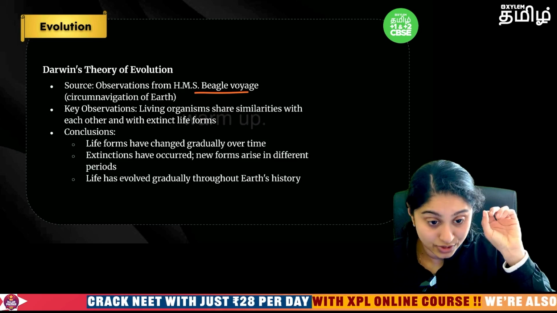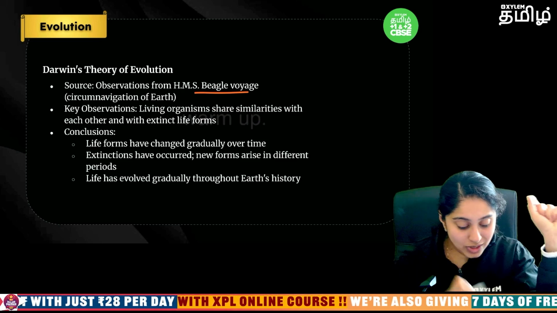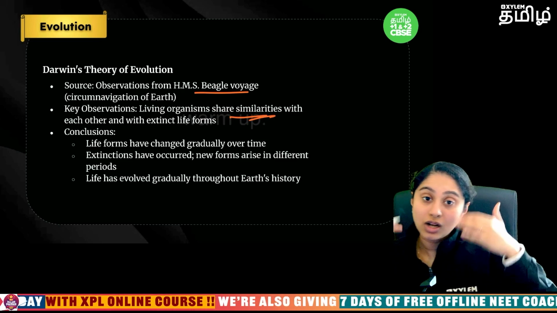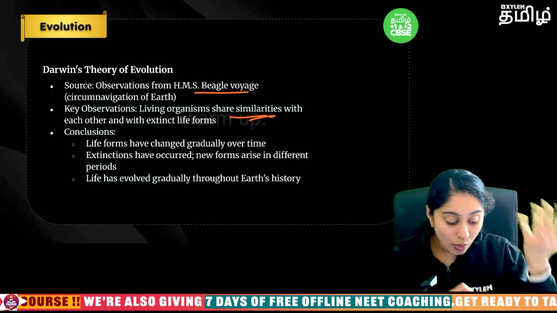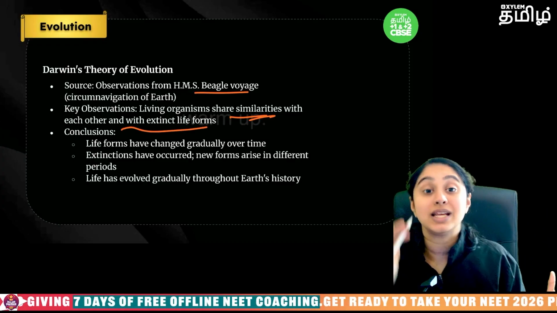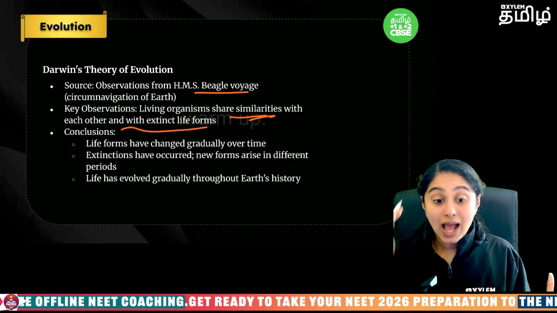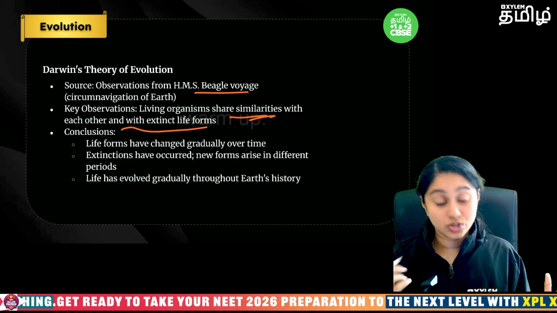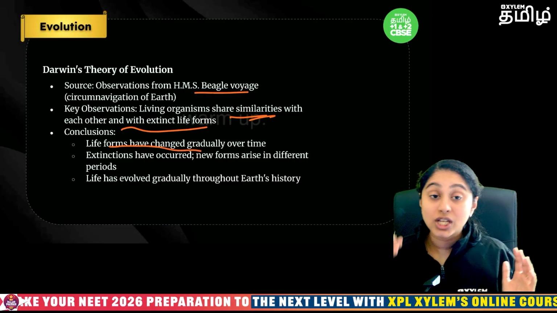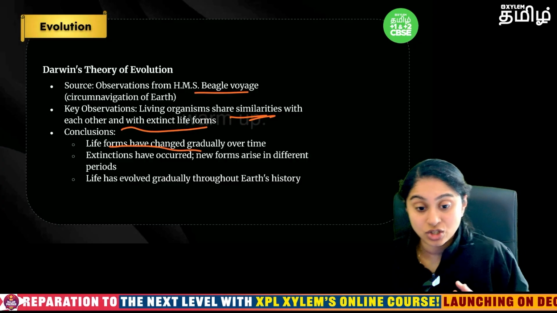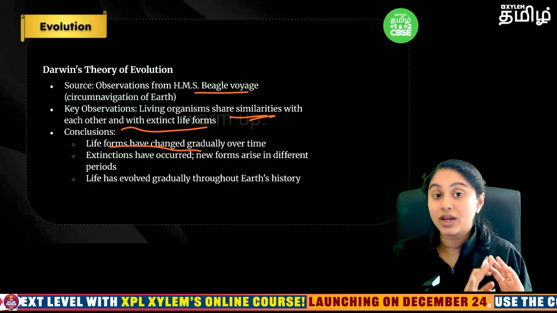So when he left, he saw that there were some similarities between the current organisms and the organisms that have already become extinct. From there he understood that life forms have changed gradually over time. It is not like we were created like this and retained like this.